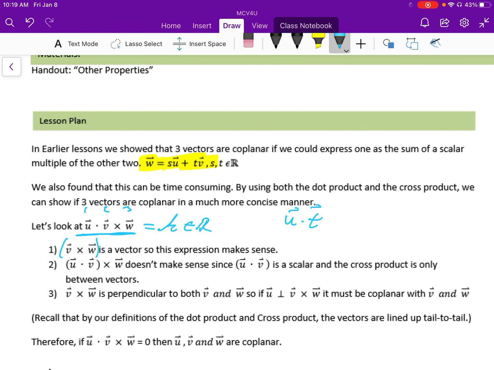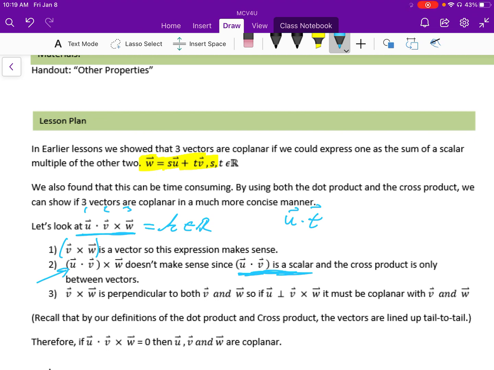It works. We can do that. So we do that first. Then we do the dot product. We cannot do the dot product first, because the expression itself will not make any sense. The reason why is because the dot product is a scalar, and we do not have a cross product between a scalar and a vector, only between two vectors.